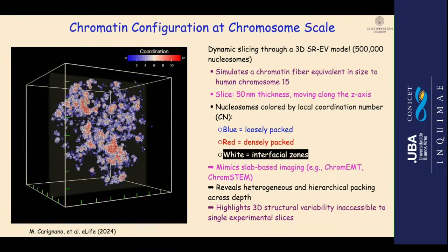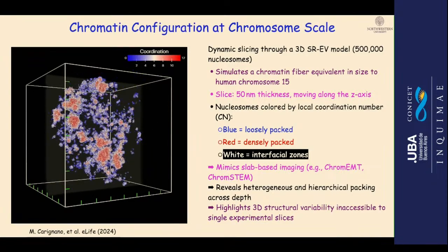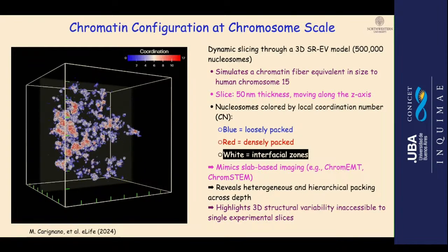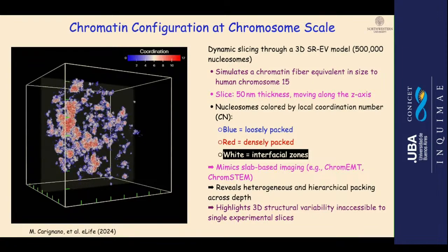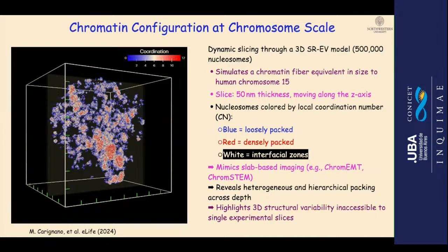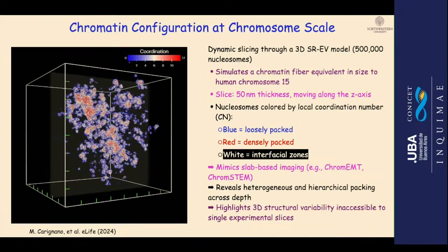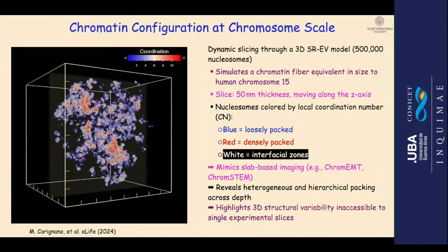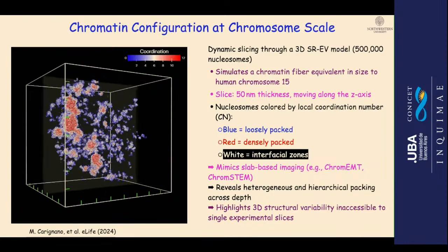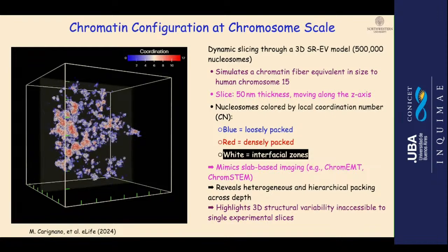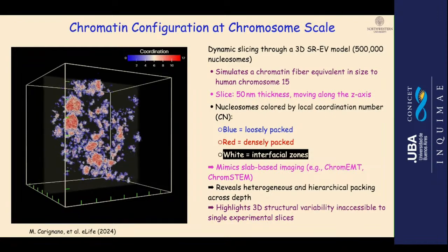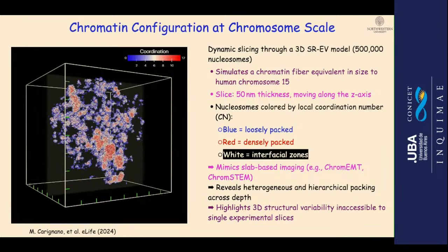This supports a model in which chromatin structure is emergent and heterogeneous, with coordination number as a physical proxy for accessibility.